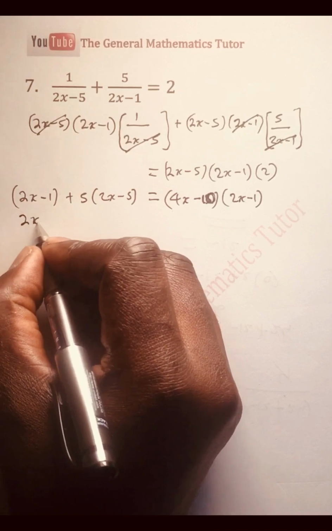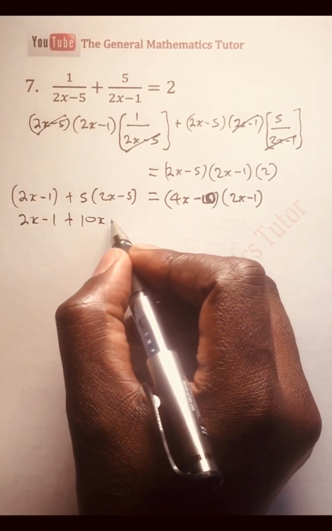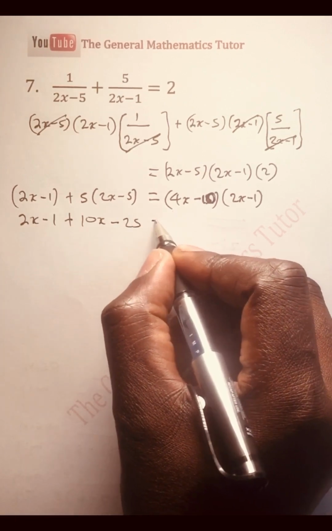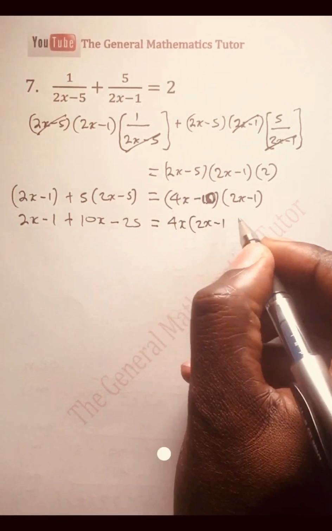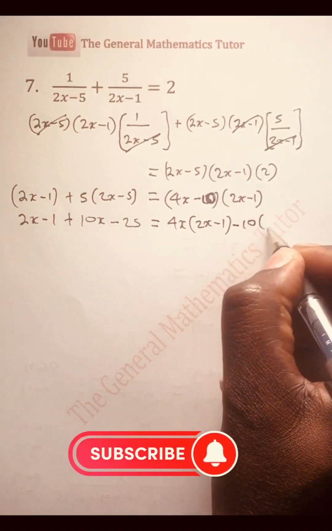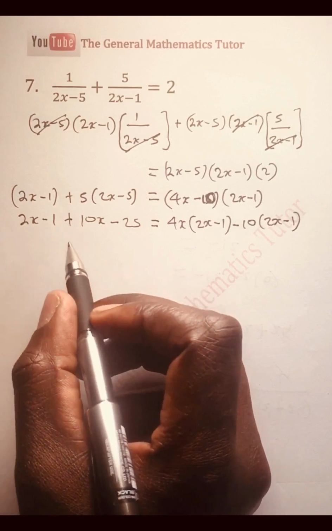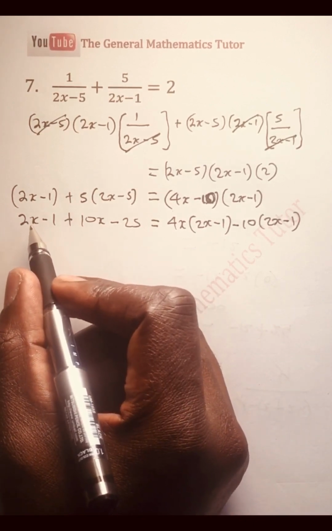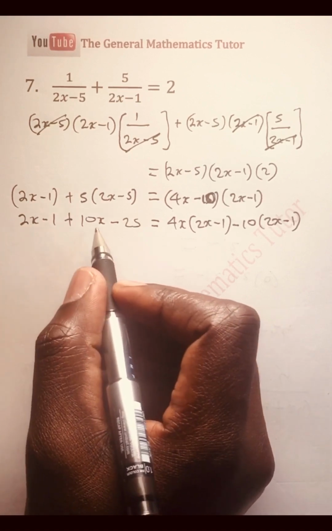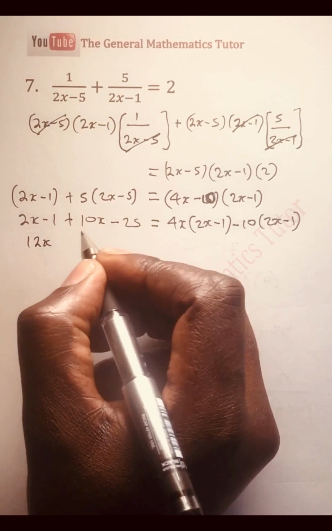So we have 2x minus 1 plus 10x minus 25 is equal to (4x minus 10) into (2x minus 1). So we can add these two, that is 2x and 10x, that is 12x.